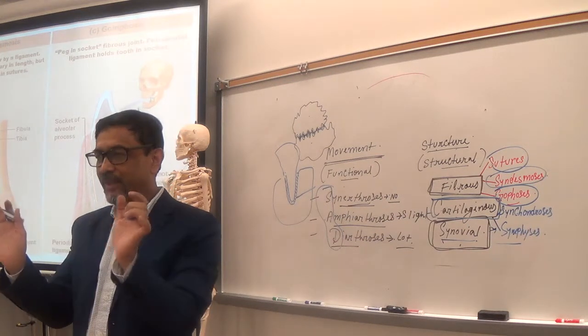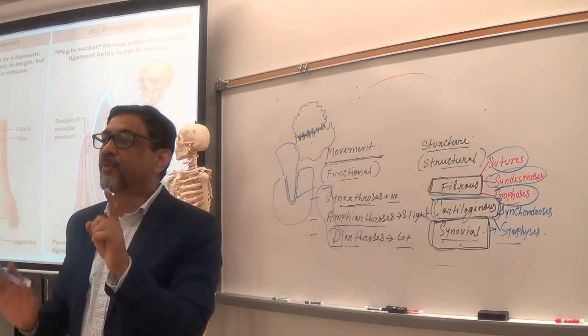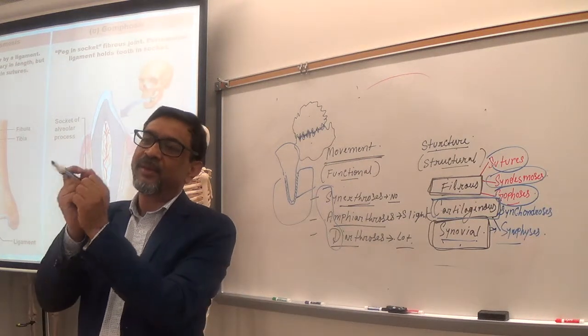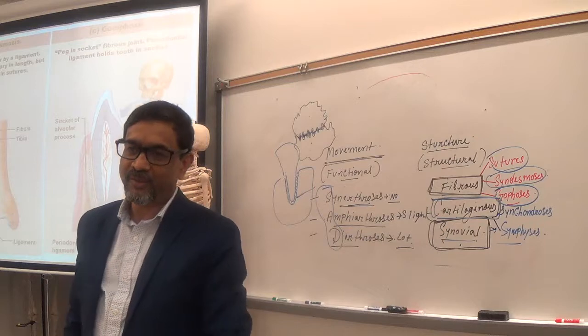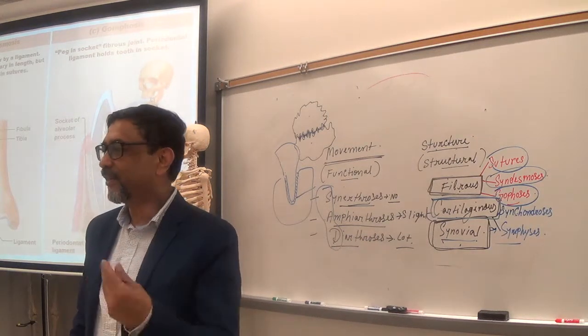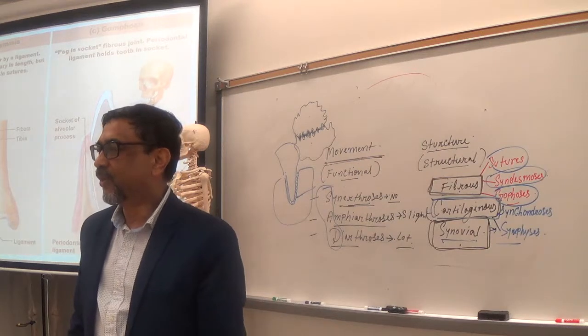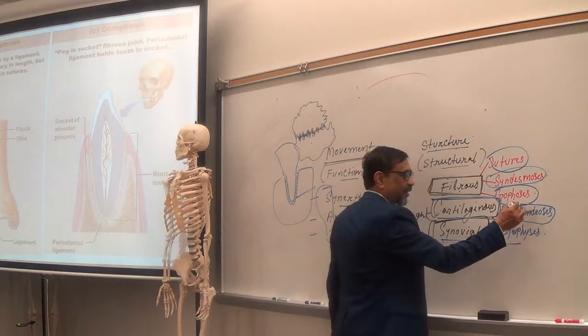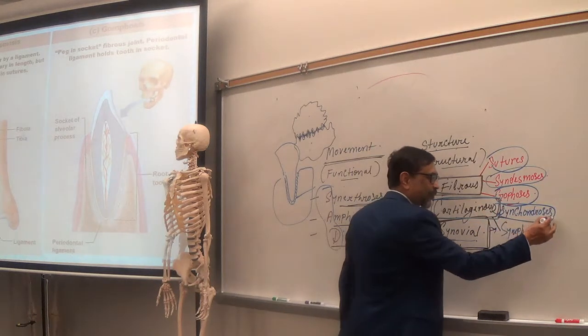Synchondrosis. Is it clear? In case of symphysis, the bones are attached by fibrocartilage. You remember fibrocartilage? There are 3 types of cartilages, right? Hyaline, elastic, fibro. So in synchondrosis, the bones are held by what type of cartilage?